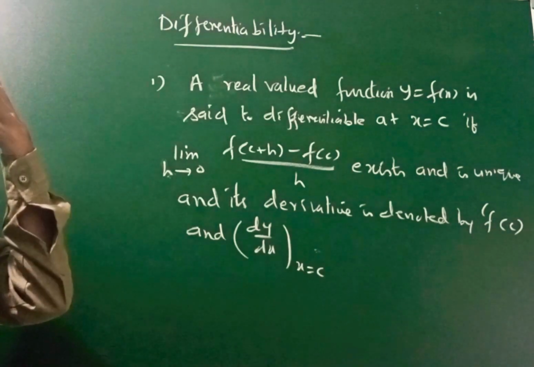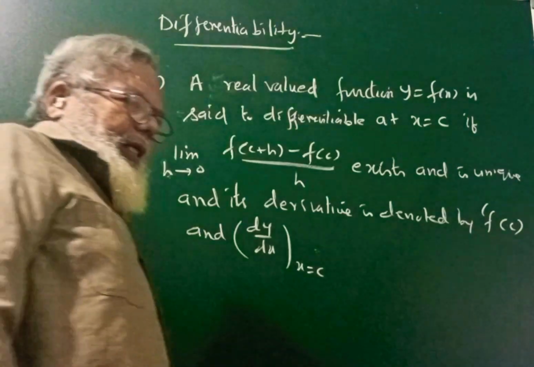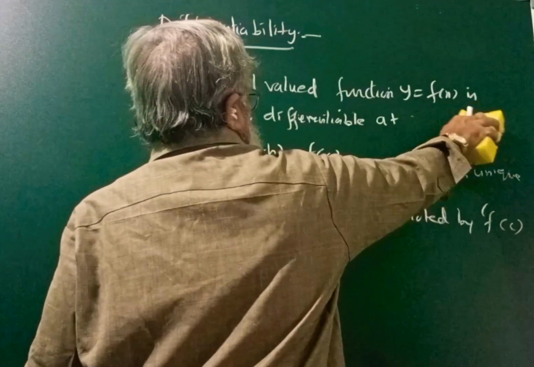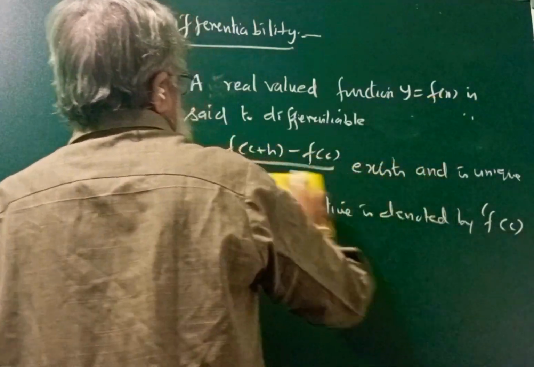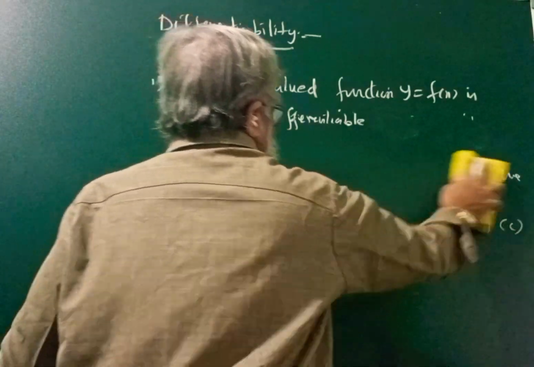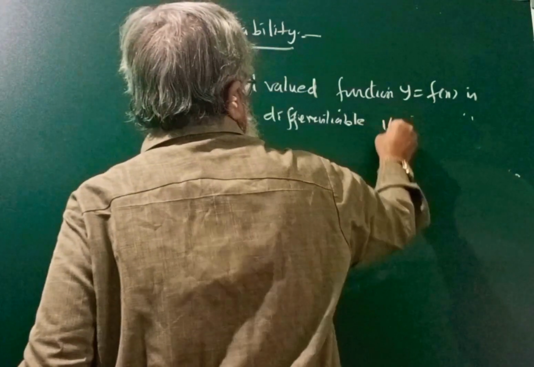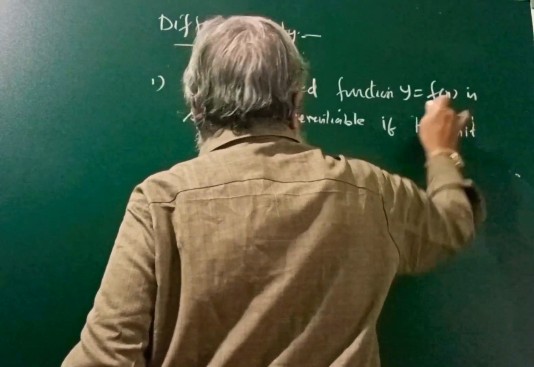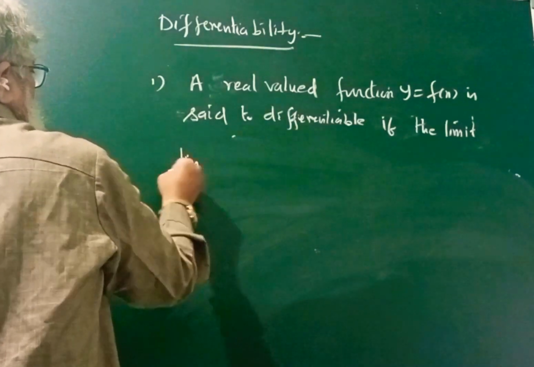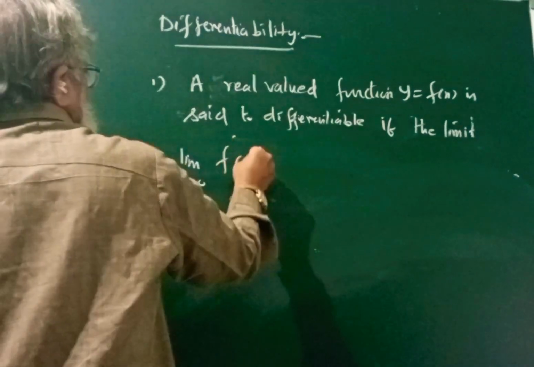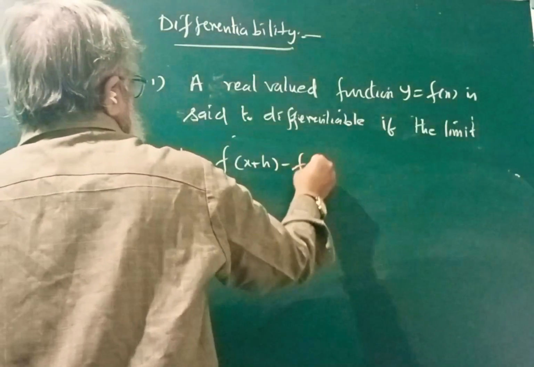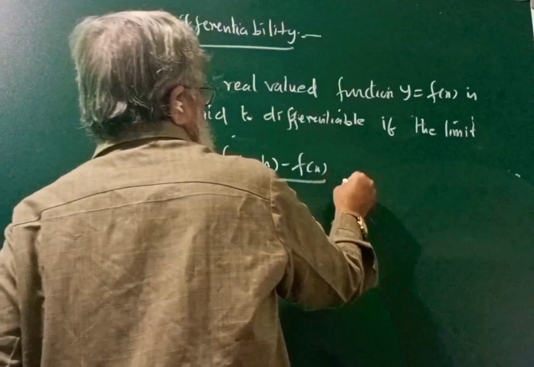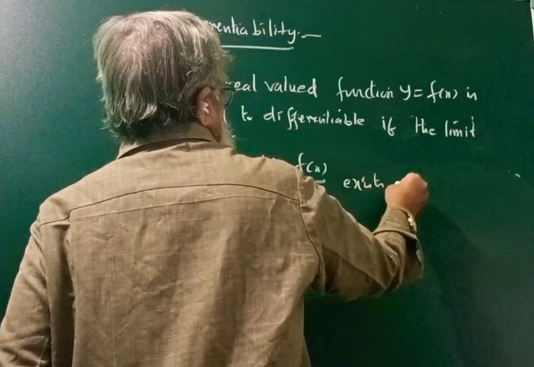Now there can be a general definition. Let us write it. A real valued function y is equal to f(x) is differentiable if the limit as h tends to 0 of f(x plus h) minus f(x) divided by h exists and is unique.